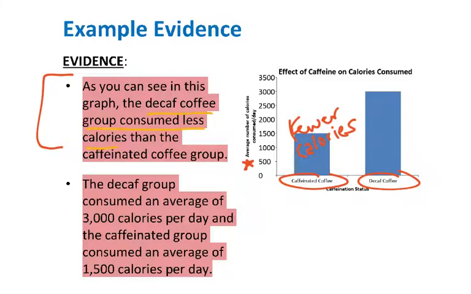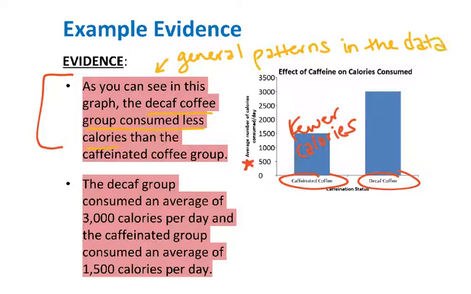This piece of evidence just talks about the general patterns in the data. Another piece of evidence to support our claim would be something like this: the decaf group consumed an average of 3,000 calories per day, whereas the caffeinated group consumed an average of only 1,500 calories per day.